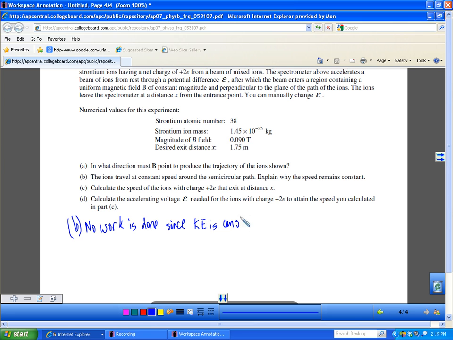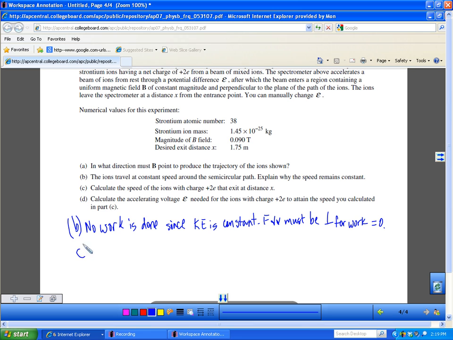If KE is constant, then F and B must be perpendicular for work to equal 0. Okay. All right.